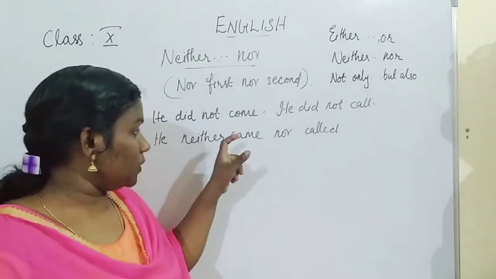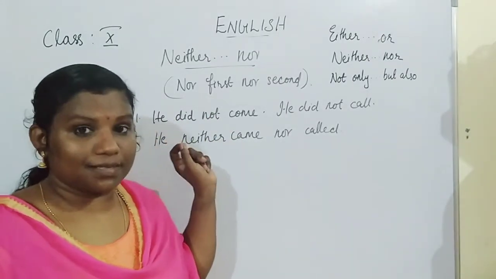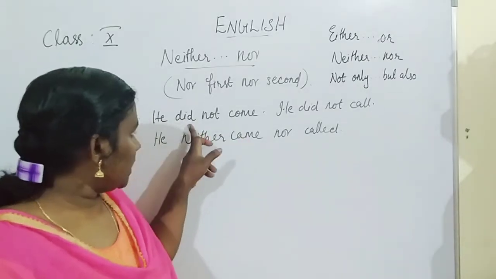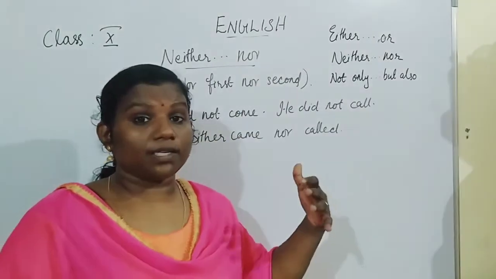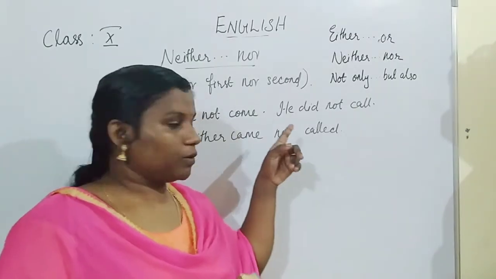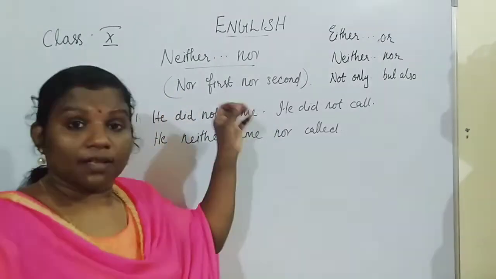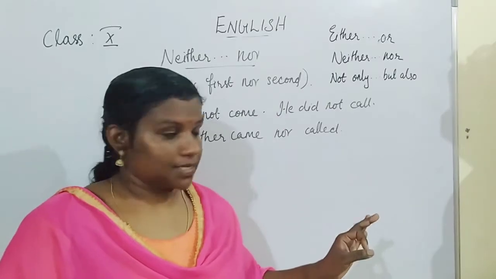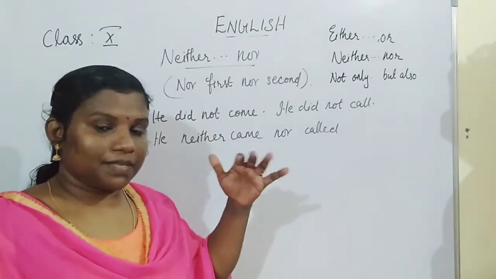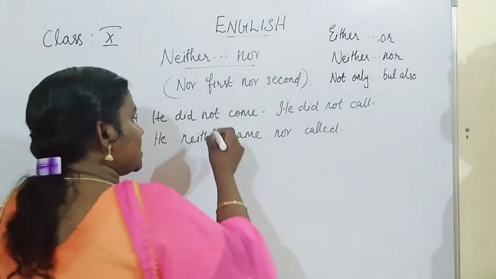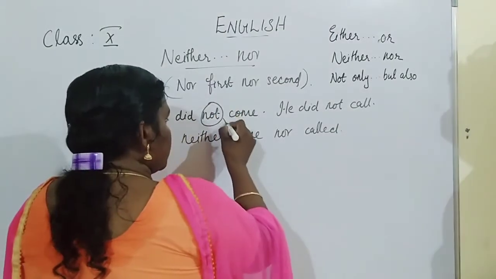To support this not, we have used did. If it is the past tense, there is no need to use came again, we can use the present form. Actually the sentence is past tense, this also past tense. So when we are using this neither...nor, we have to cancel this word not.